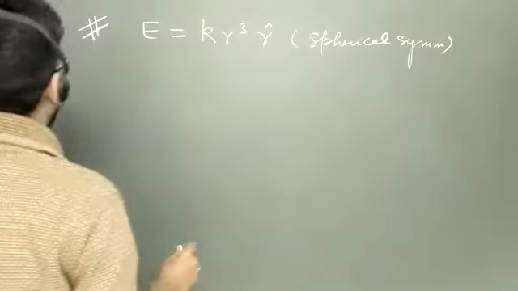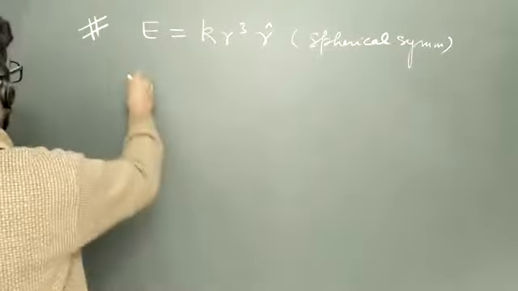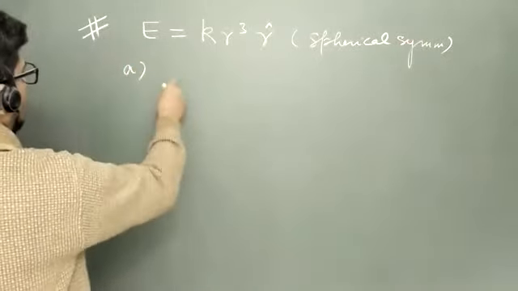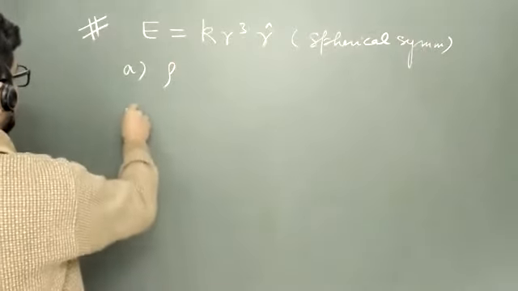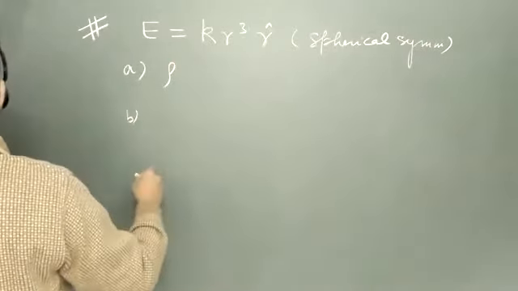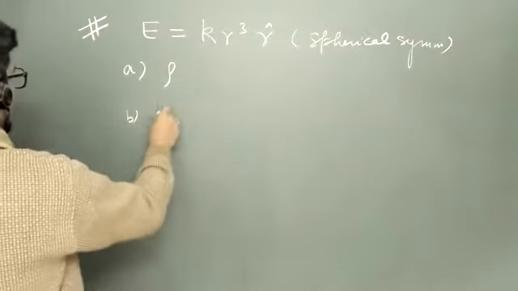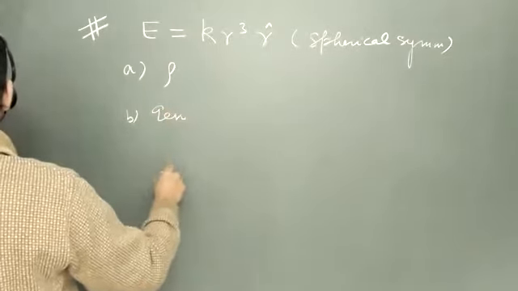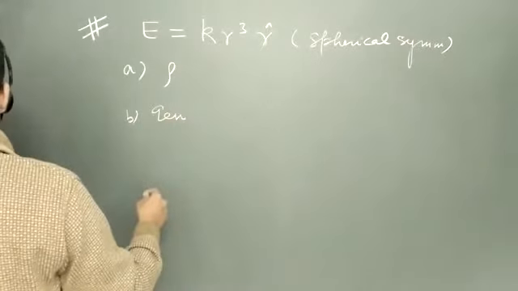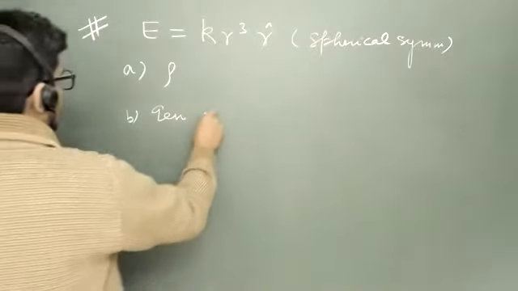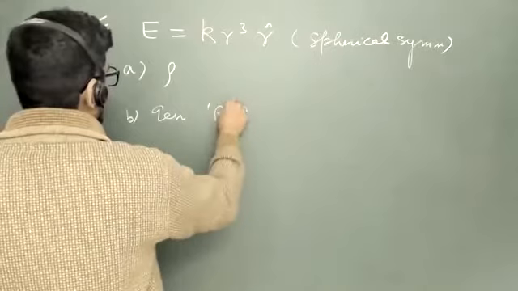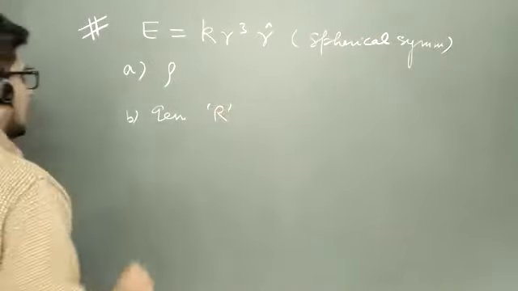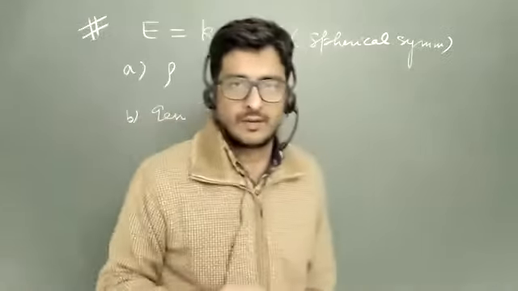Now we have to find out a few things, and the first thing we have to find is the charge density, and the second thing that we have to find out is the charge enclosed in the system. If capital R is the radius, then we have to find out the charge enclosed in the system, right? So these are the two things that we have to find out.